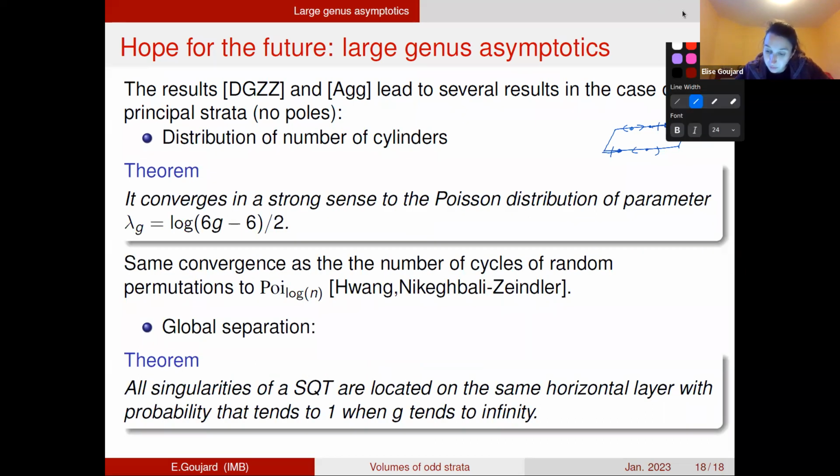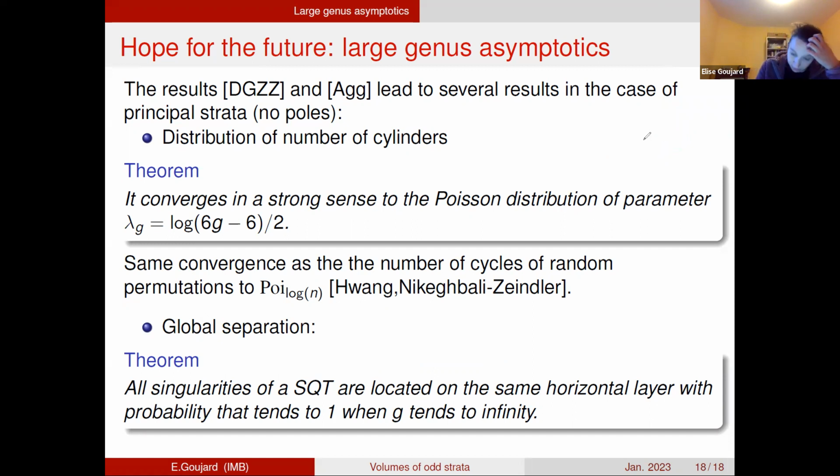We can also study the distribution of the number of cylinders. We have a paper that shows that the number of cylinders of square-tile surfaces converges to the Poisson distribution of parameter log 6g minus 6 over 2.